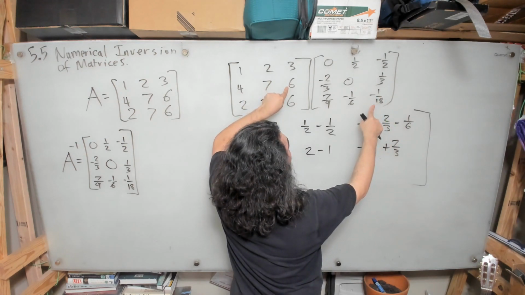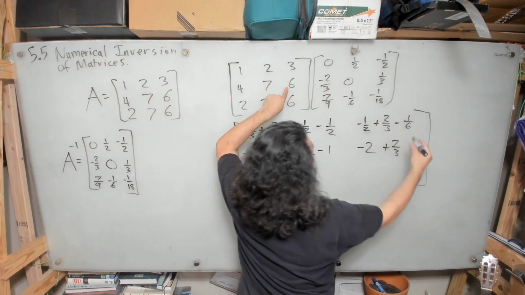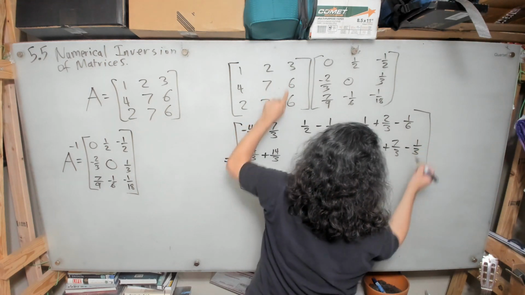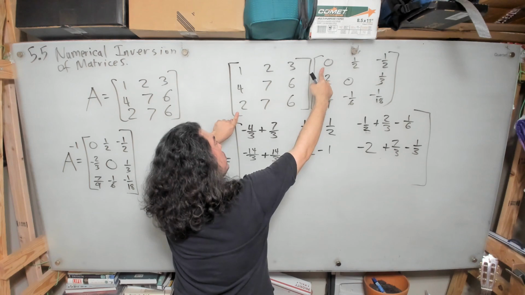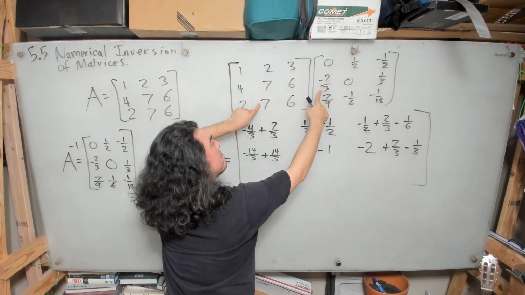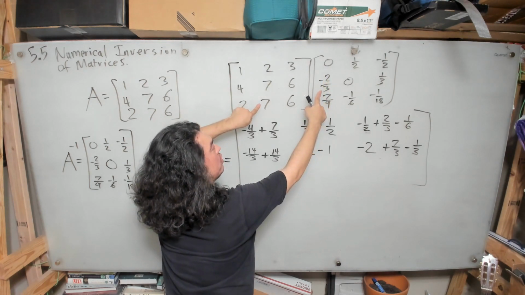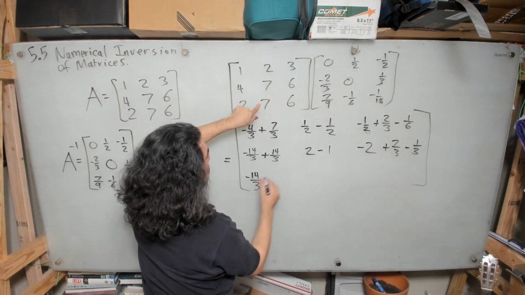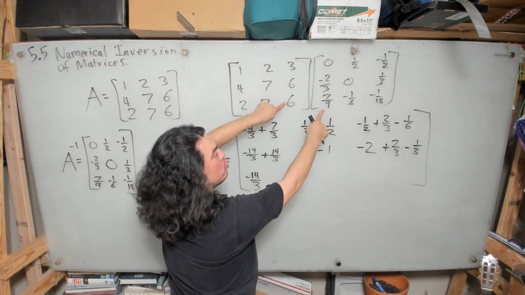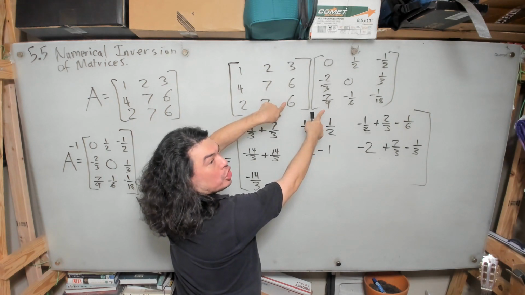Minus 6/18, or minus 1/3. Okay? Finally, 2 times 0, 0. Plus negative 14/3, or in other words, minus 14/3, plus 42/9, or 14/3.